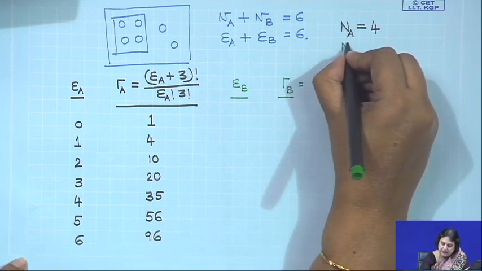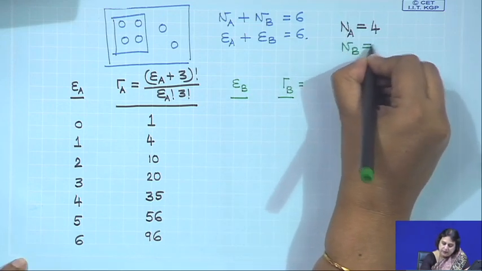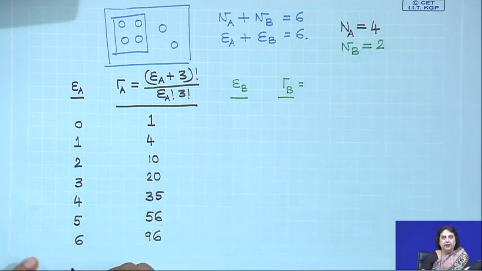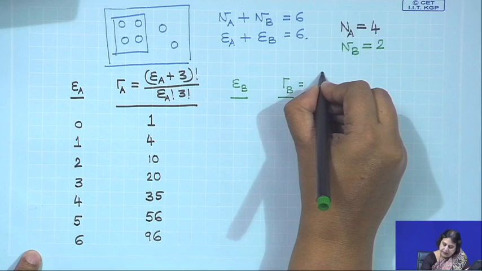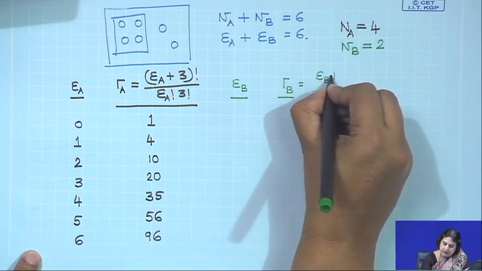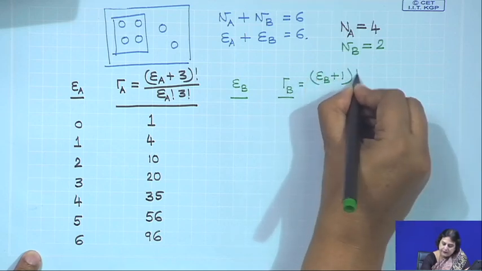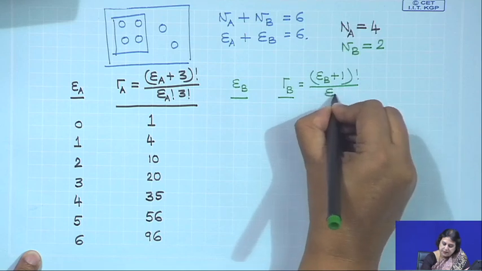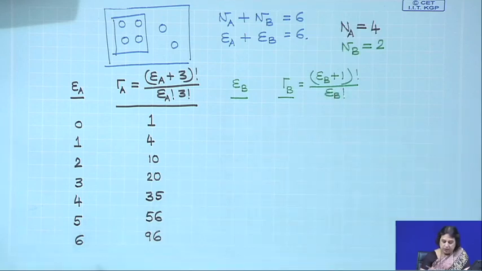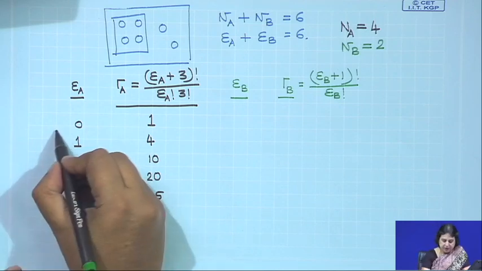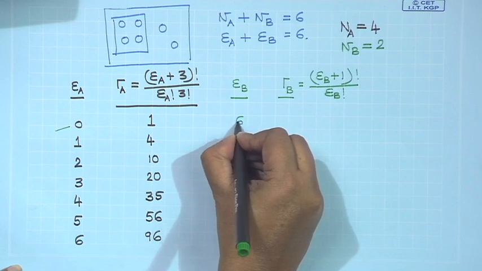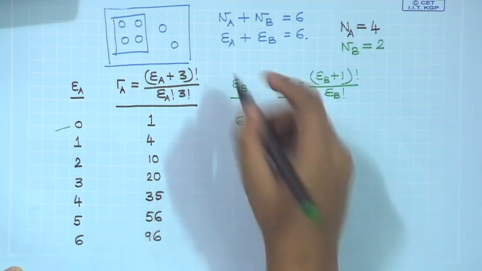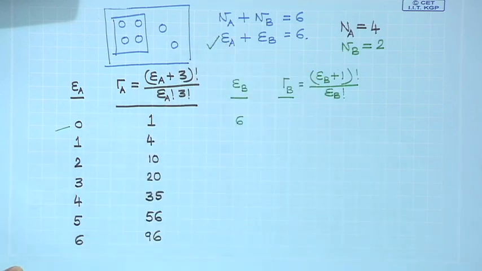Here it is given that N B is equal to 2, and therefore gamma B is going to be equal to epsilon B plus 1 factorial divided by epsilon B factorial. A quick calculation tells me that corresponding to epsilon A equal to 0, the value of epsilon B must be 6, satisfying this equation.